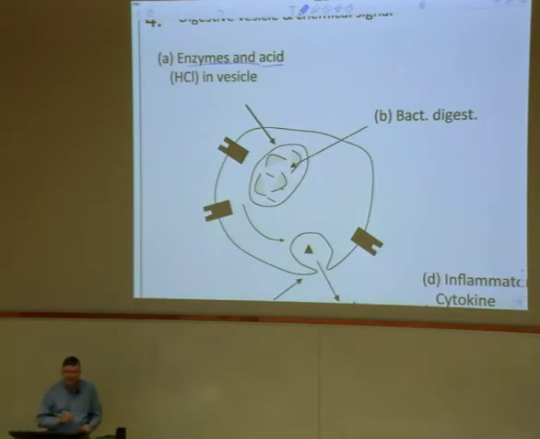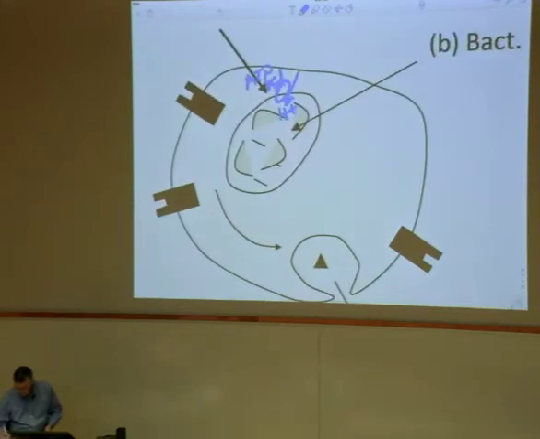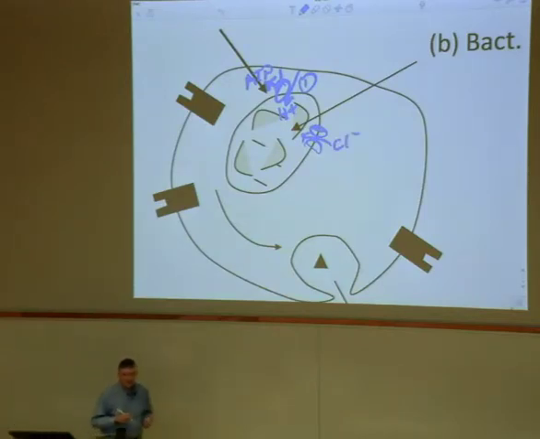You fuse it with a vesicle made by the Golgi that has proton pumps that pump H plus into it. Chloride will follow passively through chloride channels, right? And that takes an ATP. So you can put acid into it pretty easily.